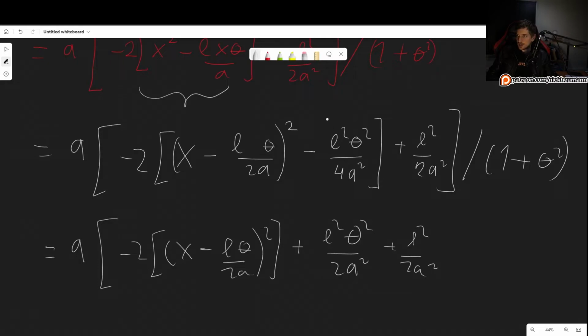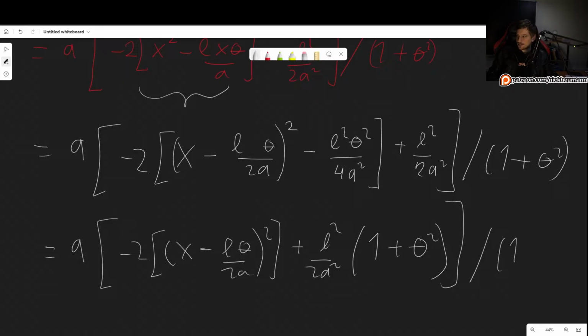So here we can now factor out L squared over 2a squared. And what we get is 1 from here, plus theta squared from here. And all of this divided by 1 plus theta squared.